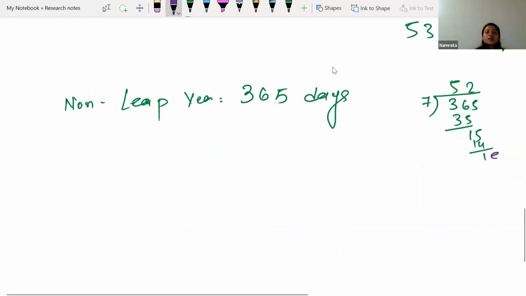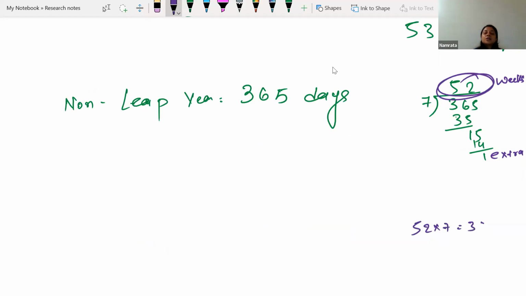That means one extra day is there. In these 365 days, completely 52 weeks are there, and one extra day is there. If you do 52 into 7, you will get 364. So total 52 weeks are there, which will give us 52 Sundays.